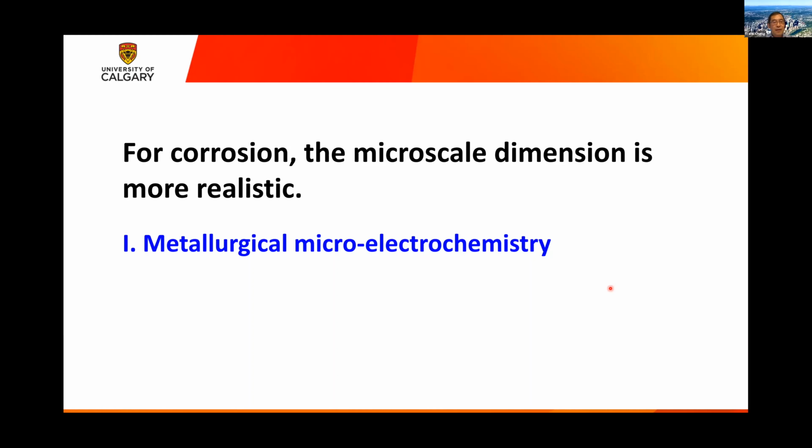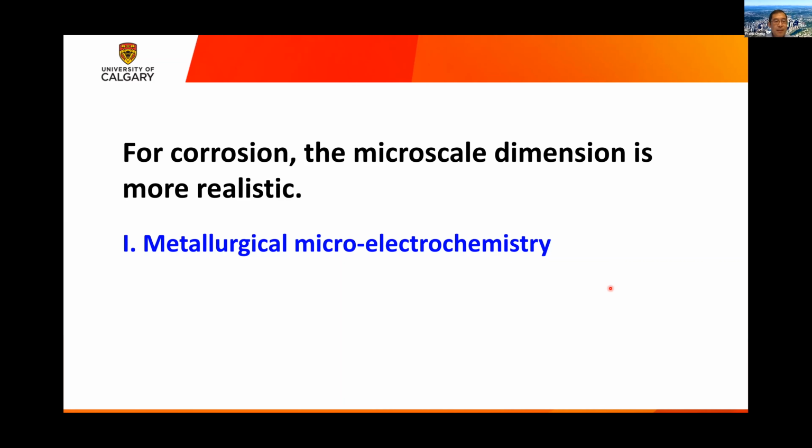But for large scale applications, typically industry applications, the micron scale seems more realistic, because when corrosion does happen, it will usually start from the micron scale. So that's why in the following slides, I will discuss the micron scale electrochemical techniques in corrosion research.